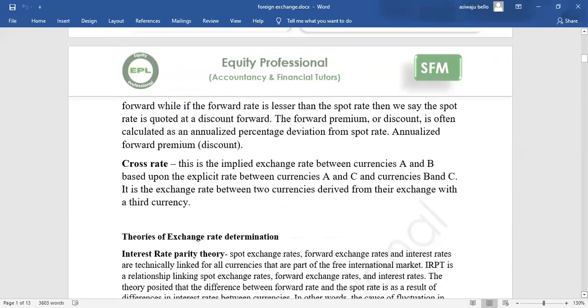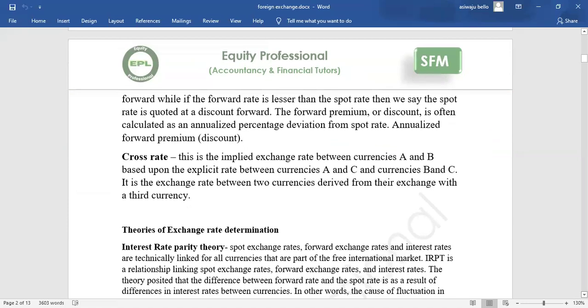We have cross rates. What is the cross rate? This is the implied exchange rate between two currencies.